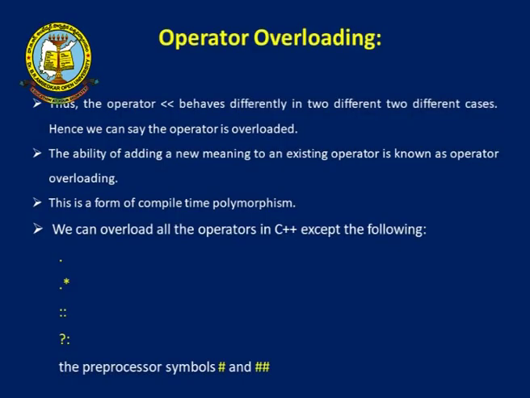We cannot overload the scope resolution operator, or the ternary operator, and even the preprocessor symbols, hash and double hash, cannot be overloaded. Except these operators, we can overload all other operators. We can overload arithmetic operators like plus, minus, unary plus, unary minus, increment operator, and decrement operator. We can overload almost all operators except the dot operator, member access, pointer to member, scope resolution, ternary, and the preprocessor hash symbol.